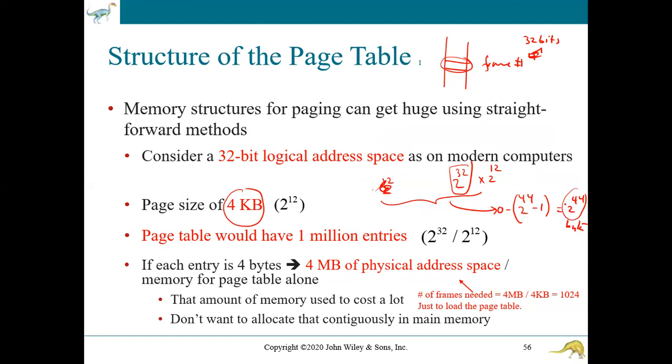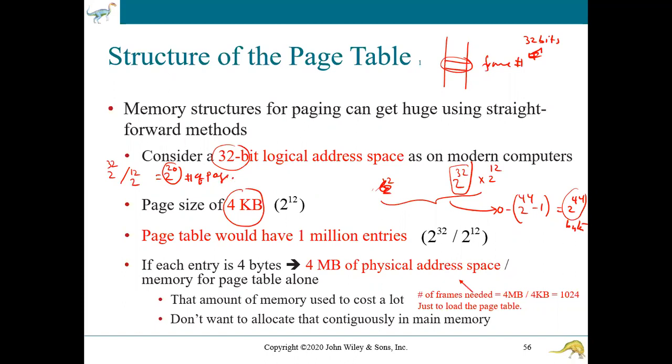So the logical address space is 32-bit logical addresses, so you consider 2 to the power of 32. Divide by 2 to the power of 12, equal to 2 to the power of 20. So the number of pages, right?